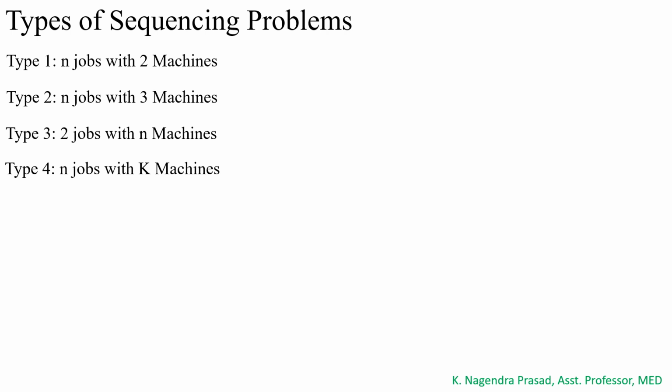Third type is two jobs with n machines. And the last, fourth type is n jobs with k machines. So these are the types of sequencing problems.